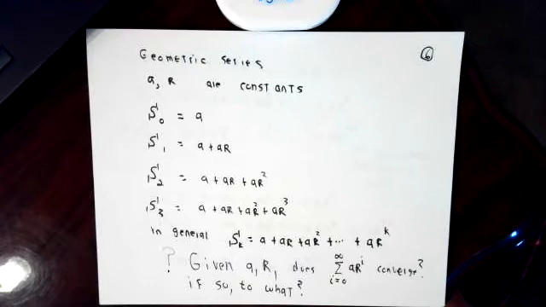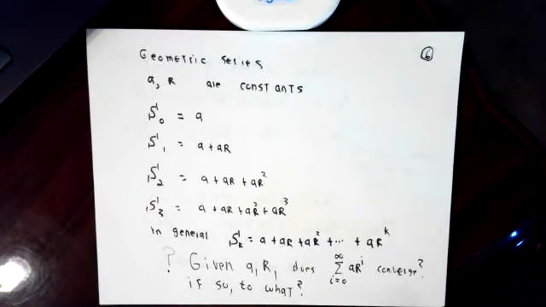For the first one, the geometric series, I'm going to say that I have 2 numbers, a and r. These are constants. I'm going to build up a sequence of partial sums. For this particular instance, it's more convenient for me to start indexing at 0. So this is what we'll do.